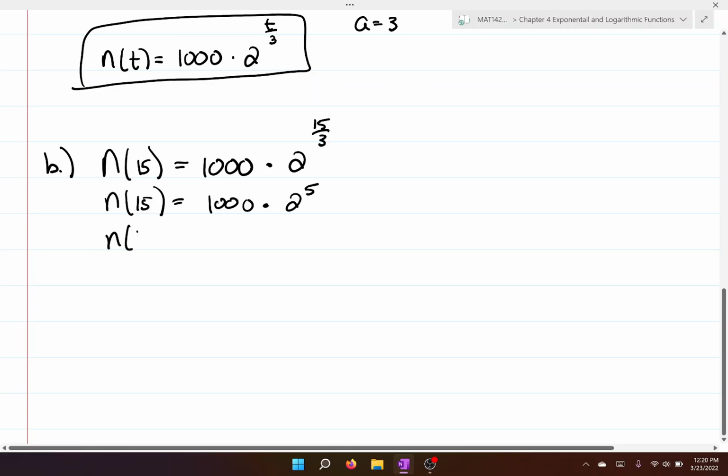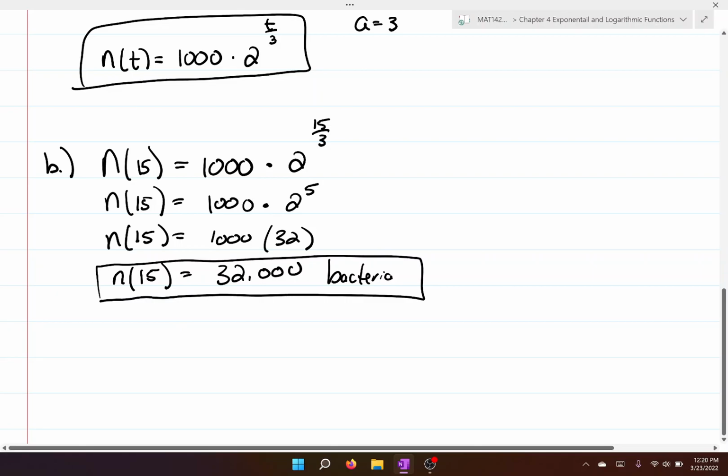We know 2 to the 5th is 32. And then after 15 hours, we're going to have 32,000 bacteria in this population.